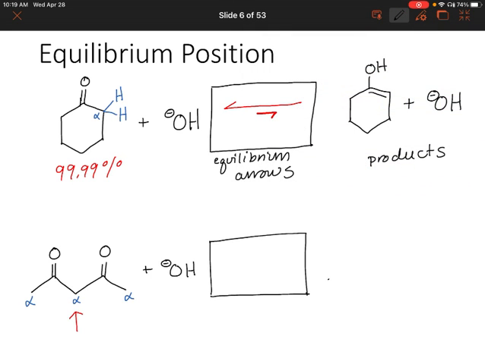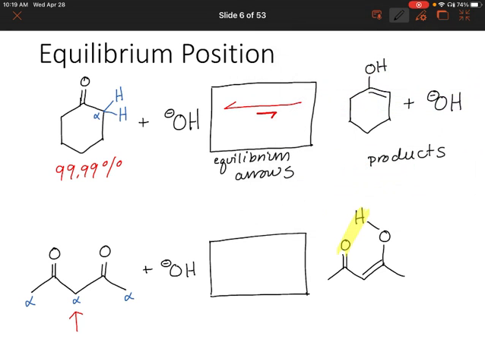So what we would end up with is an enol, and notice that the hydrogen on our enol could form a hydrogen bond with the other oxygen.